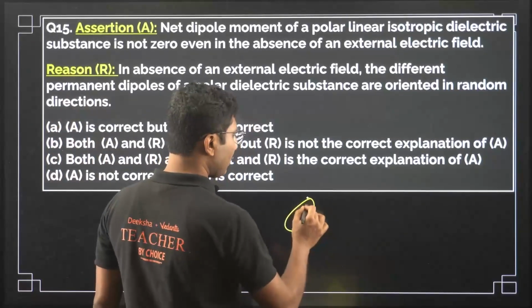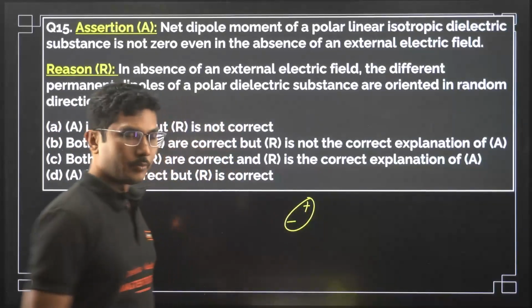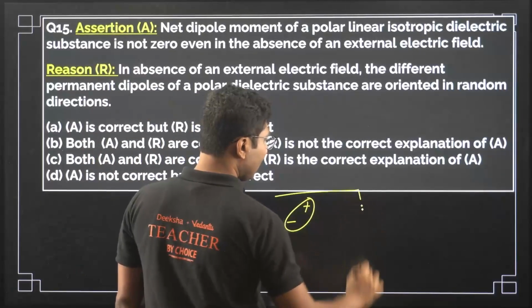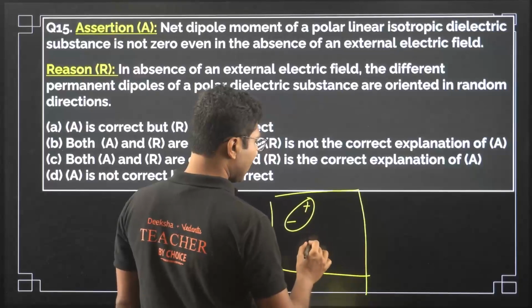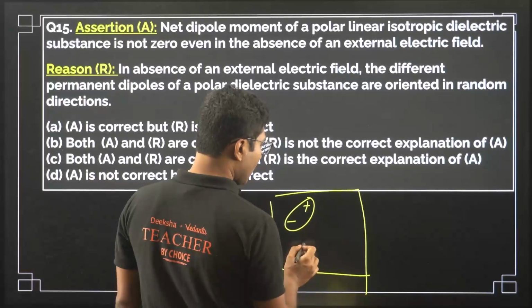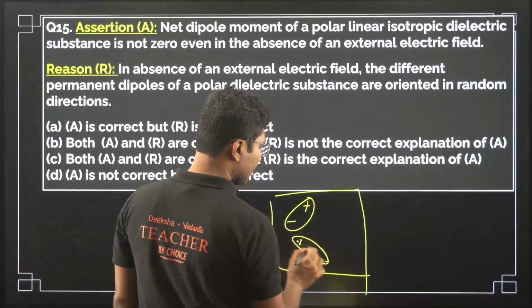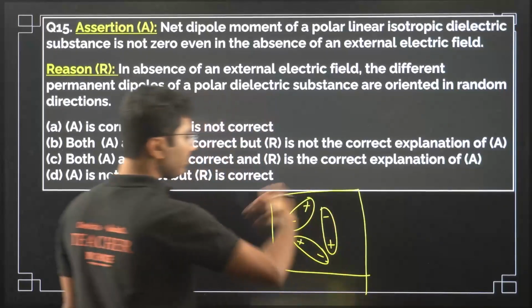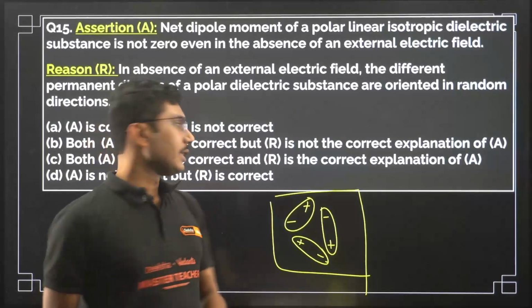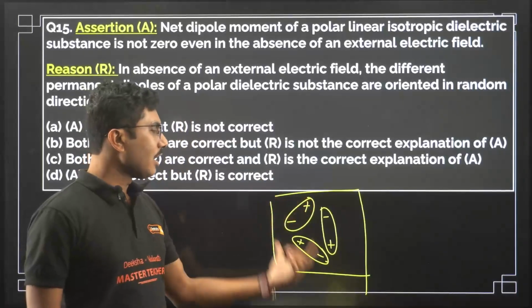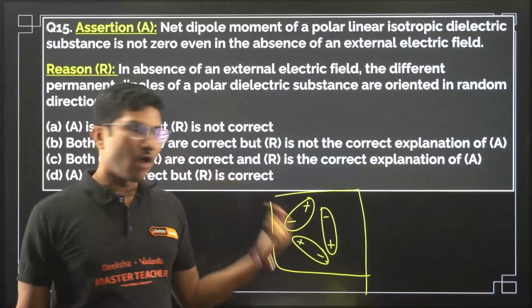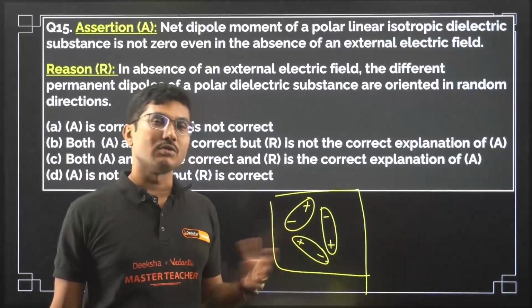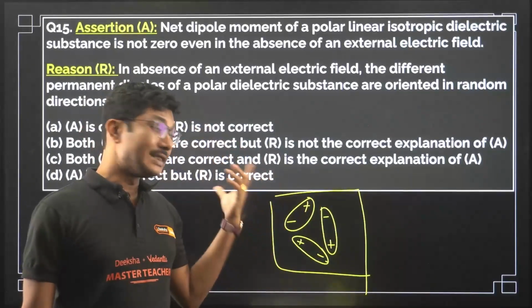So there is a dipole like this which is not zero, but net dipole moment means if you consider the complete substance, here we have one more dipole like this, plus minus, and here we have one more dipole like this, minus plus. So they are randomly oriented. They are so randomly oriented that the net dipole moment of the dielectric medium or the polar medium is equal to 0.